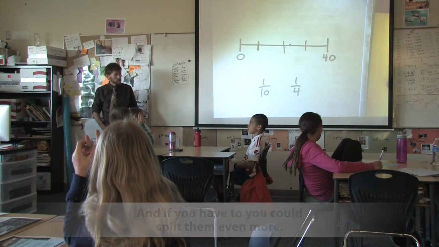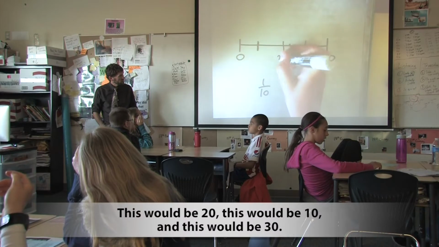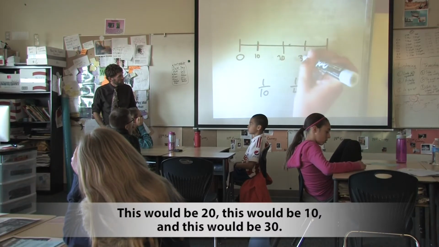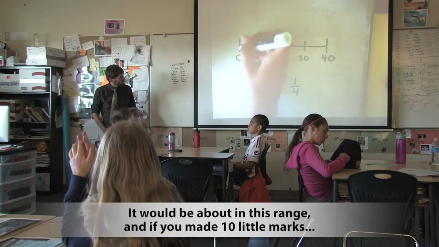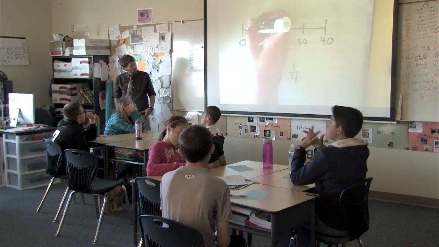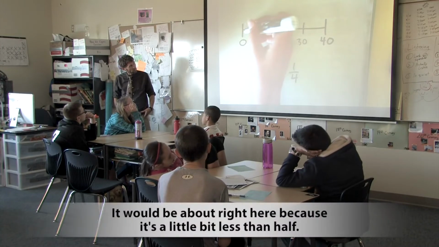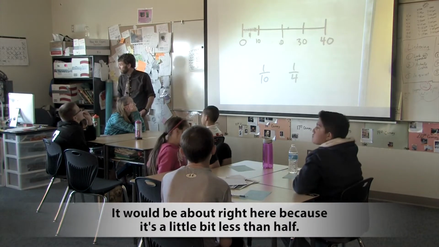Let's number those off. This would be 10, this would be 20, and this would be 30. And where would the 4 go? It would be about here because it's a little bit less than half of 10.